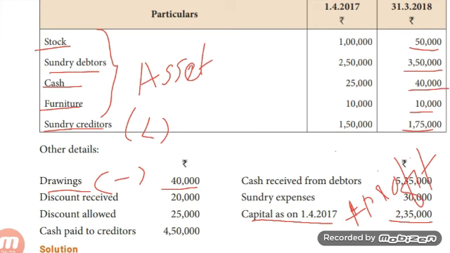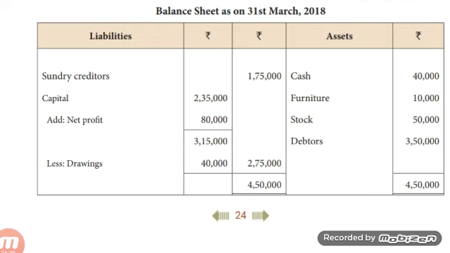Children, then deduct drawings. What is the reason, children? Drawings means the amount withdrawn by the owner for his personal use. It will decrease the capital. So you should deduct drawings, less drawings. Then write the amount in the outer column: 2,75,000.